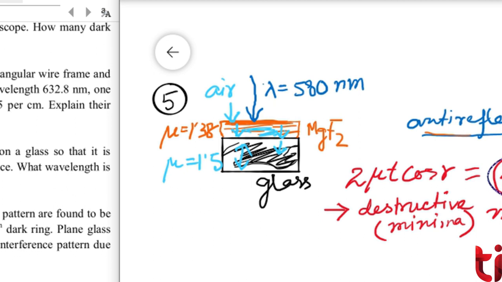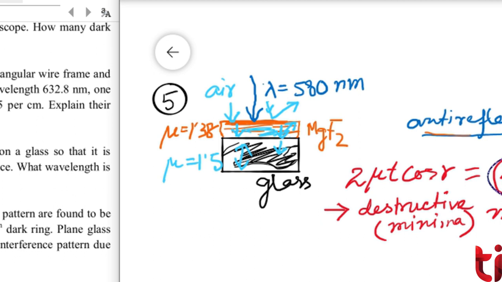Now in that case, the light that gets reflected from this surface is getting reflected from a denser surface. Similarly, the light that is getting reflected from the glass surface, coming from the magnesium fluoride surface, is also getting reflected from a denser medium.